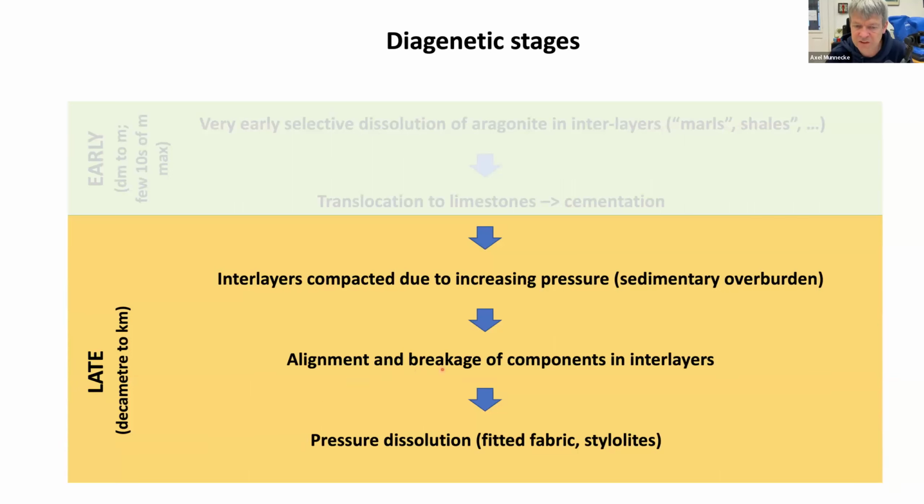The components break, they get aligned by the increasing pressures. And finally, we see pressure dissolution structures, so fitted fabric, stylolites. This can continue. It starts, I don't know where exactly, but in a few decameters to tens of meters the compaction gets really important and can continue down to several kilometers.